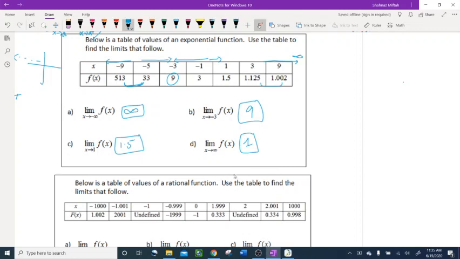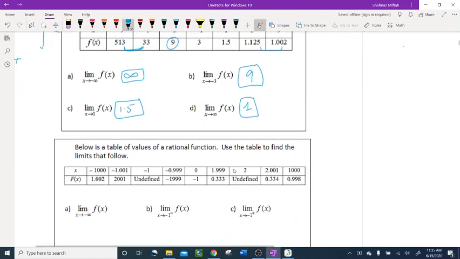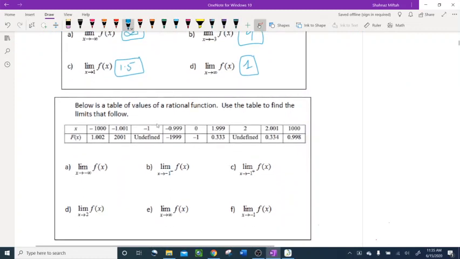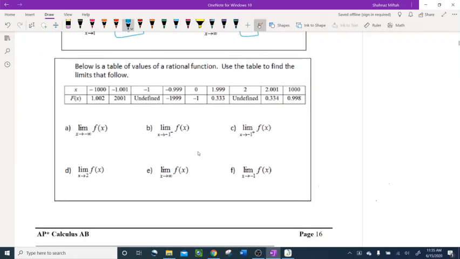Okay, let's go to the next question. Below is the table of values of a rational function. Use the table to find the limits that follow. Again, limit as x approaches negative infinity of f of x. I know my x's are all negative, going in this direction. So what is the y value? You check the last two again. Do you see? It's a huge difference, right?